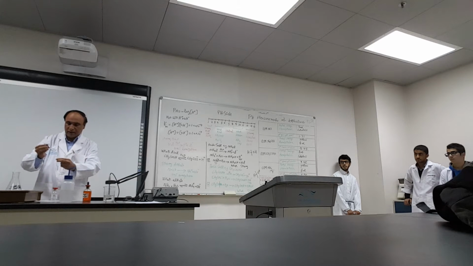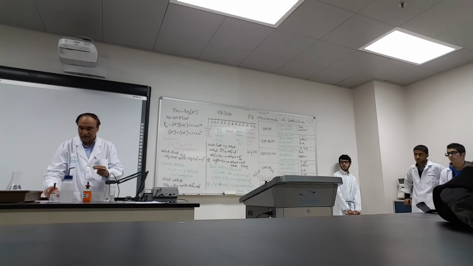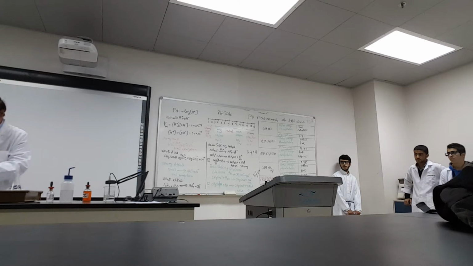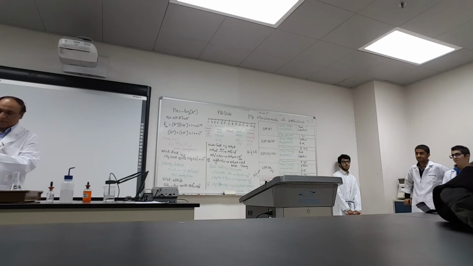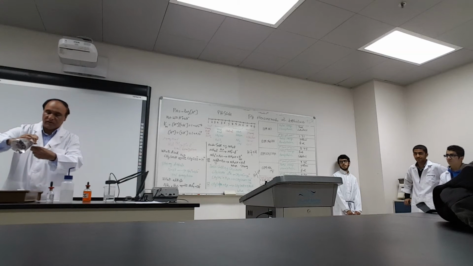When I add 2 drops, and acid weak. I'm sorry, I should have taken this one. I'm sorry for that. I did this one. I showed this one. Let me take it again. And here I have the weak one.